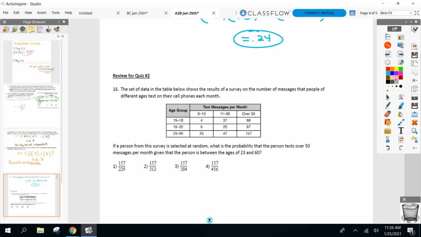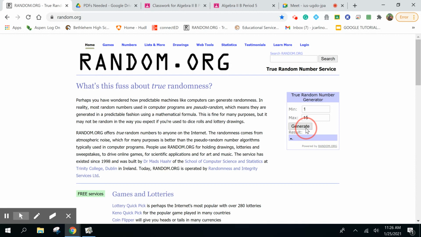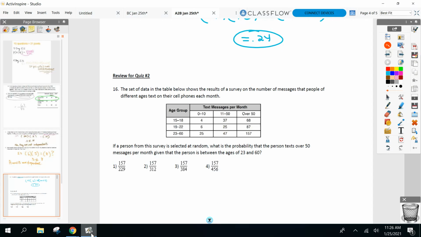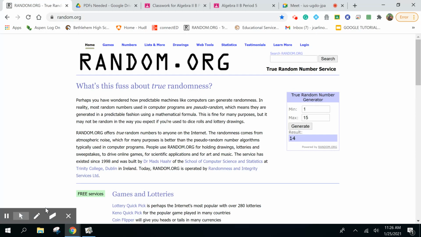So if the person's already between 23 and 60, how many people are we talking about right now? Oh, 1-4. There we go. Eliana, how many people are we talking about between 23 and 60? I can't see everyone, so I don't know if everyone's here or not. Come on.